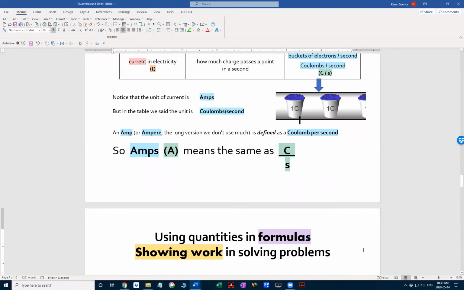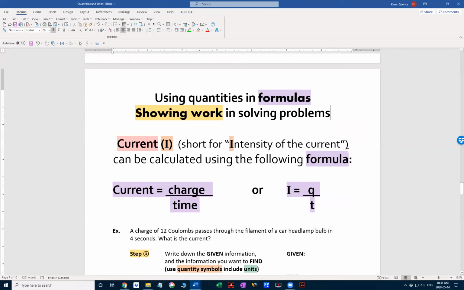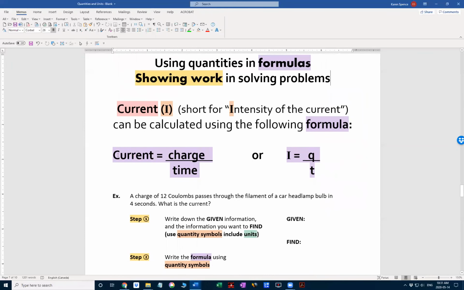And now guess what? We're going to use our current and our charge in a formula. And we're going to show our work. And remember, I'm going to tell you why it's so important to show your work just a little later. Okay. Current, remember, is the amount of charge flowing past a point in a given amount of time.